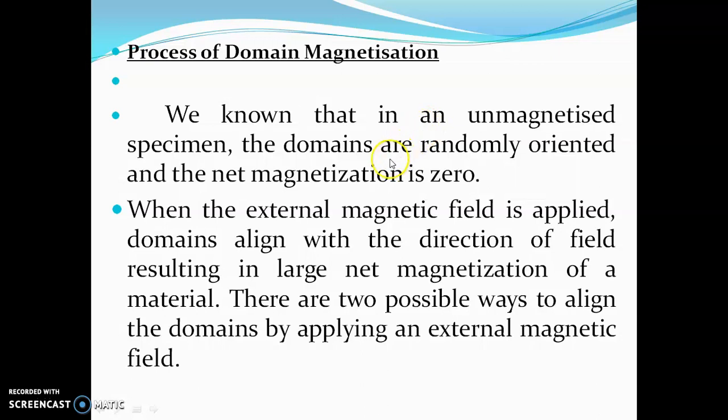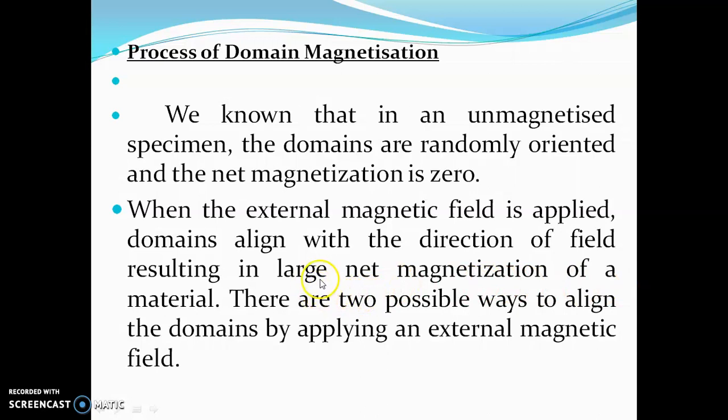We know that in an unmagnetized specimen the domains are randomly oriented and the net magnetization is zero, which was shown in the previous figure. When the external magnetic field is applied, all the domains will align in the field direction. As a result, there is a large net magnetization.